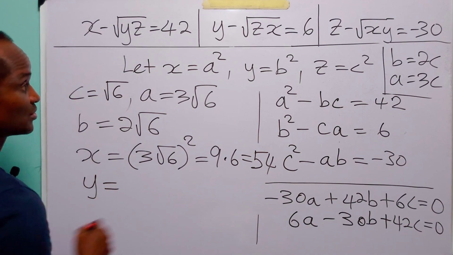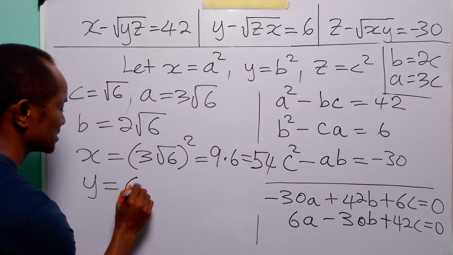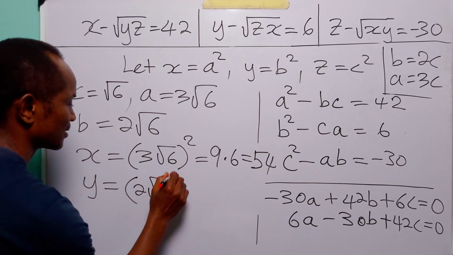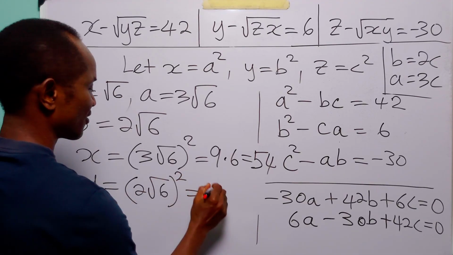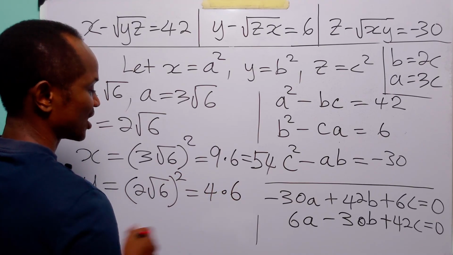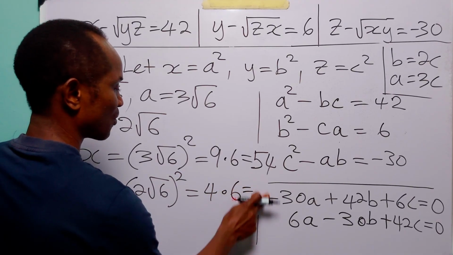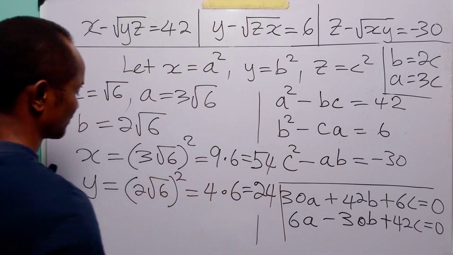Y is equal to B squared, that is 2 root 6 squared. 2 squared is 4. Root 6 squared is 6. 4 times 6 is equal to 24.